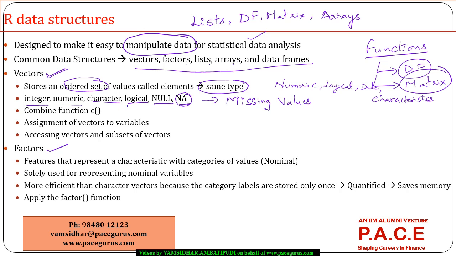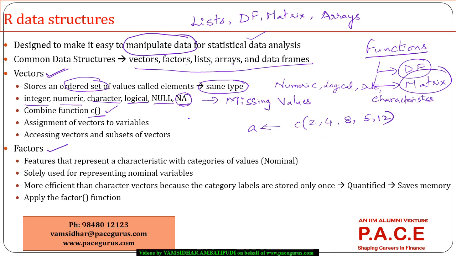Then generally in case of vectors, if I have to combine multiple values to a particular variable, I can use a concatenate function or a combine function C. So if I am giving A as C of 2, 4, 8, 5, 12, A will take values 2, 4, 8, 5, 12.